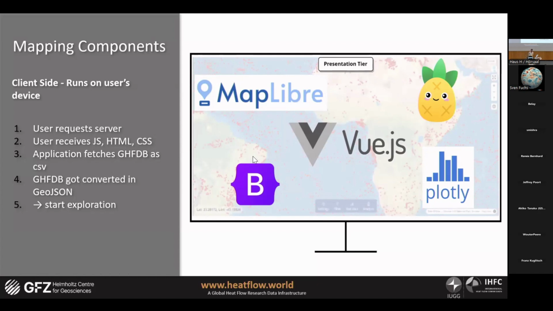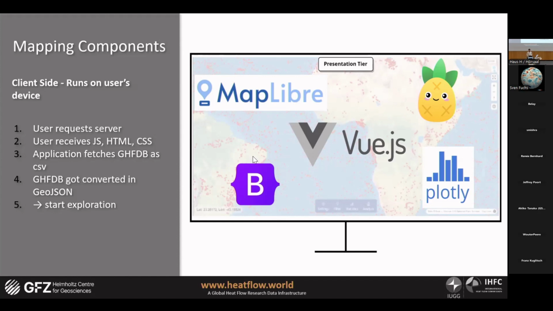And then all the work is done on your local machine, like the rendering, the calculation, and so on. The application itself fetches the global heat flow database as a CSV file from an online repository, converts it into GeoJSON, and then it can be used as input for MapLibre. So you can see it on the screen. And then it's up to you to start the exploration.